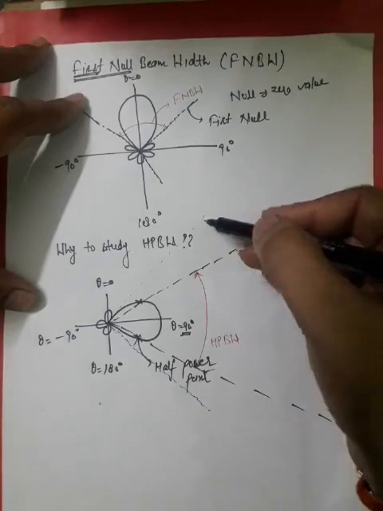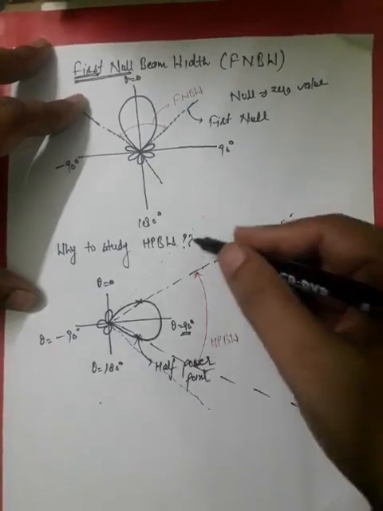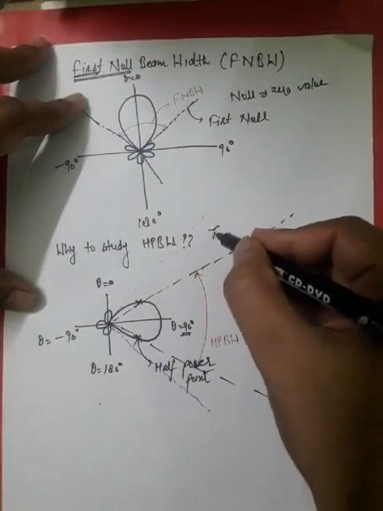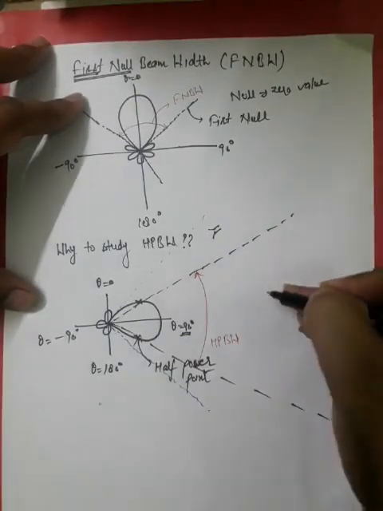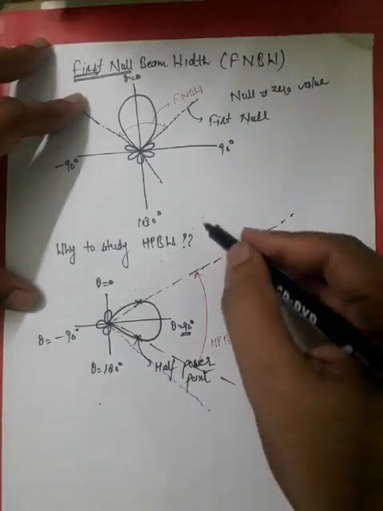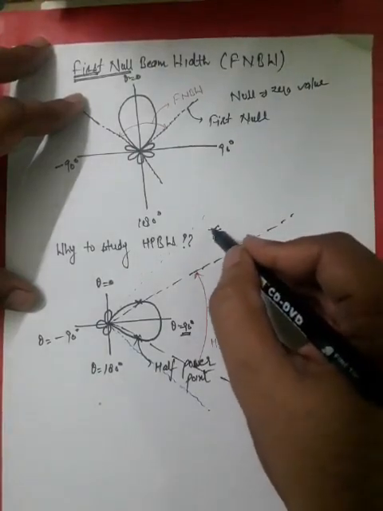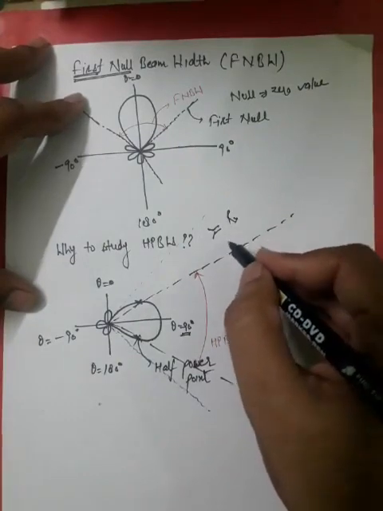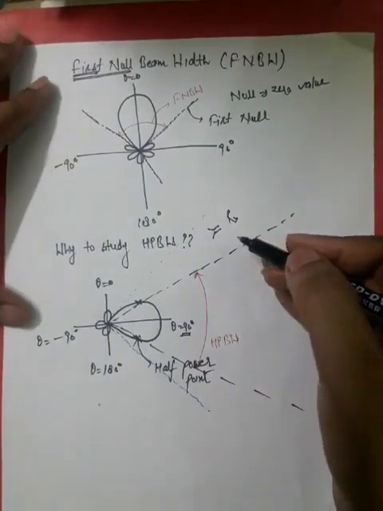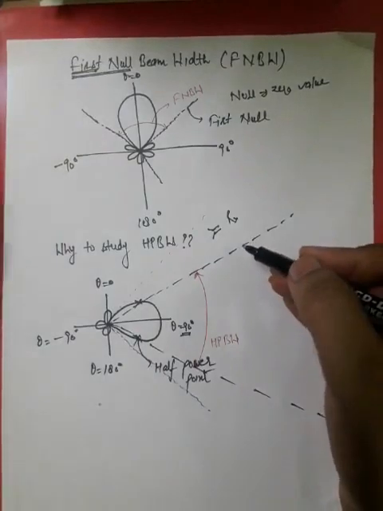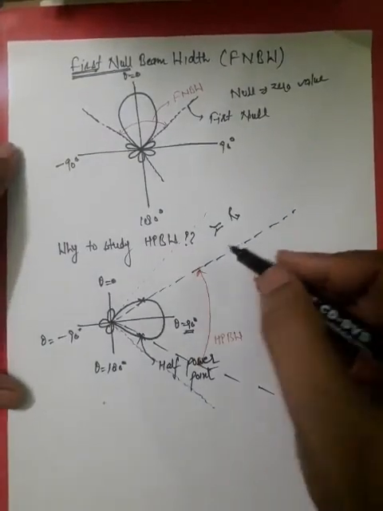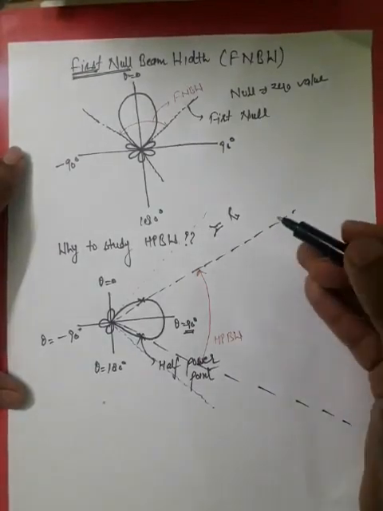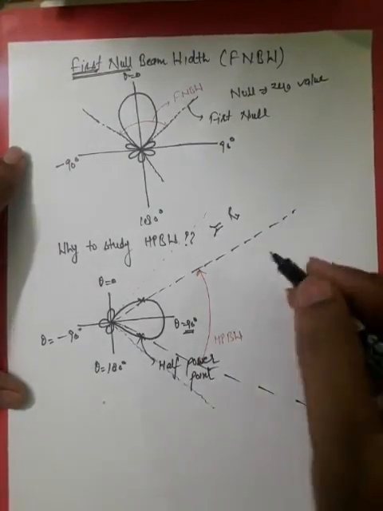But within the first null beam width, if you place a receiver at this particular point, it will receive power. But this receiver will not receive sufficient power to interpret your signal. For interpreting any signal, your antenna must receive significant power.